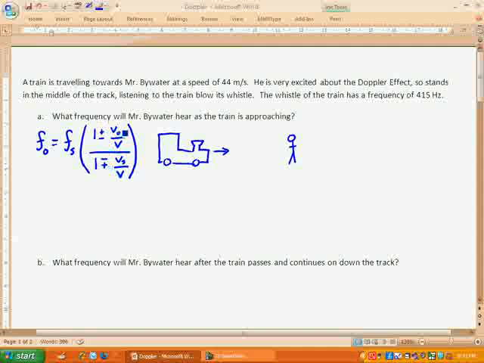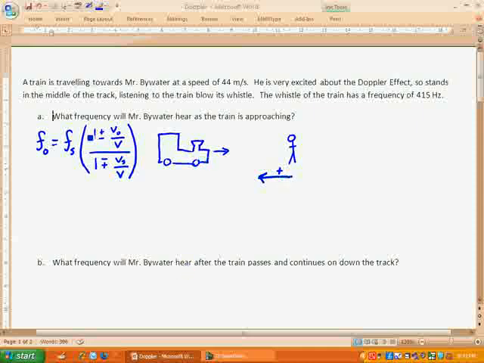So when we're dealing with the velocity of the observer and the velocity of the source, what is going to determine whether this is a plus or minus is what direction it's traveling. Okay? For our convention, from the observer towards the source is always going to be the positive direction, regardless of which direction anybody is moving or anything. The observer to the source is always the positive direction.